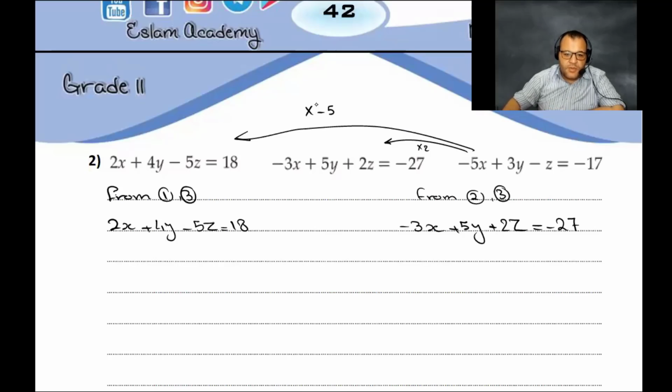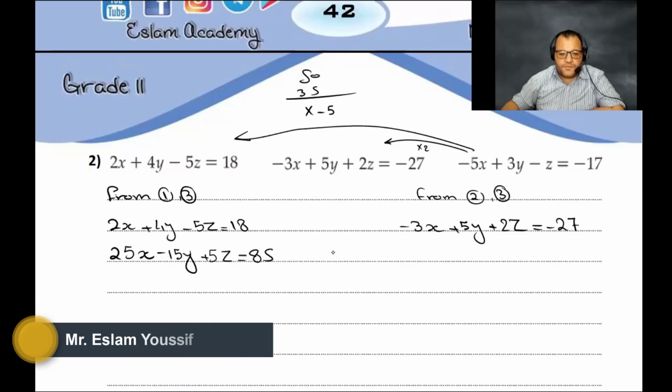So one time I will multiply by negative 5, so it will be positive 25x minus 15y plus 5z equals, if you multiply negative 17 by negative 5, that will be positive 85.